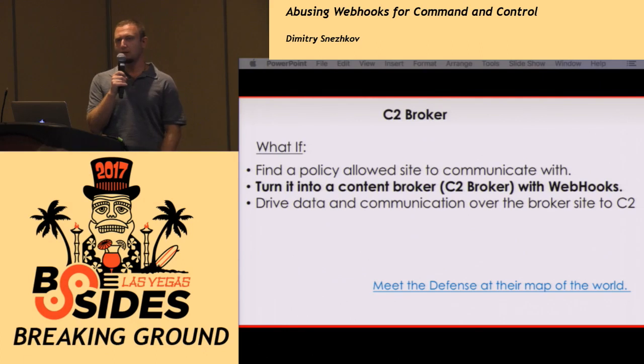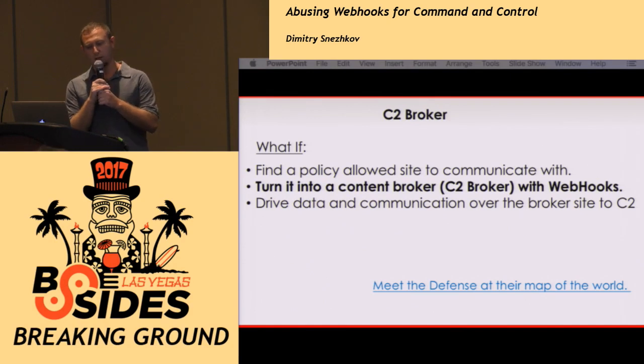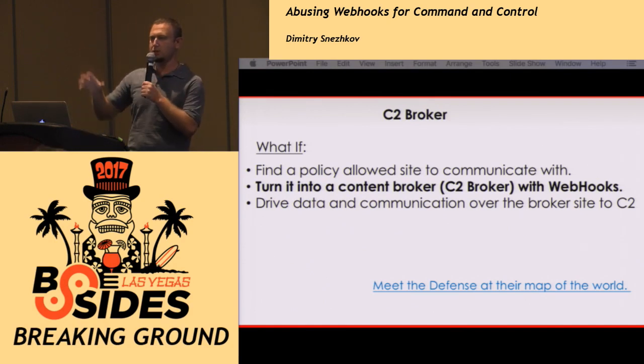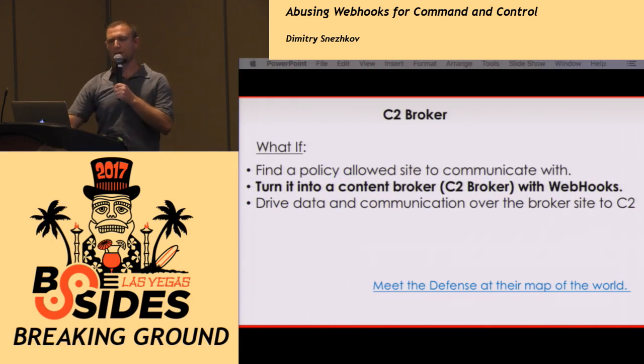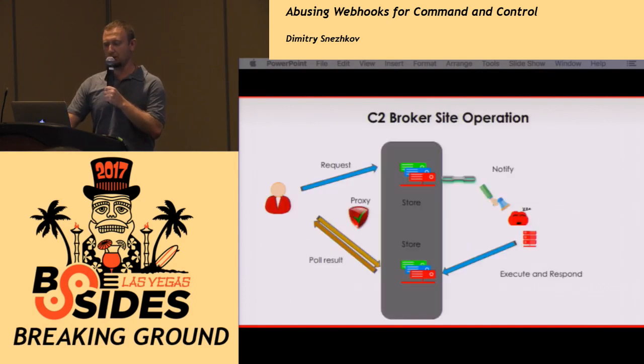We can turn that site into a broker using the webhooks. So essentially, we can drive the data and communication over that C2 broker to our external site through the webhooks. So we're still keeping the big goal in mind of classifying ourselves as something known good to the business process that the defense has.